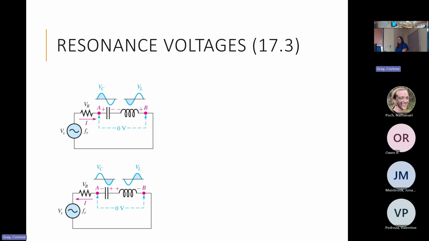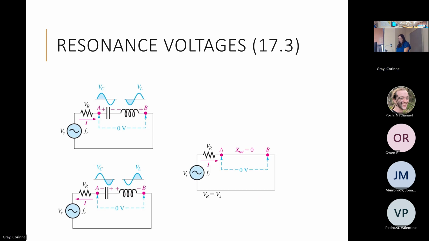Same thing is true when the capacitor is negative and the inductor is positive. Both sum up to 0, 180 degrees out of phase. So, a bunch of different ways you can go through and solve for that.